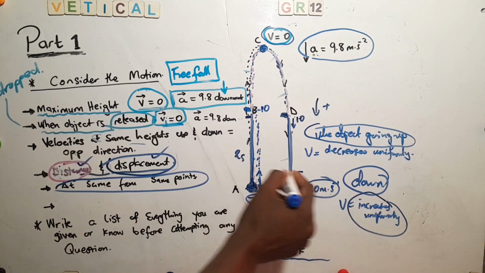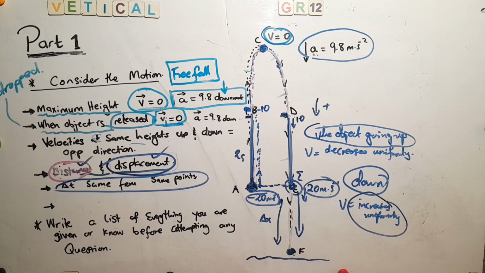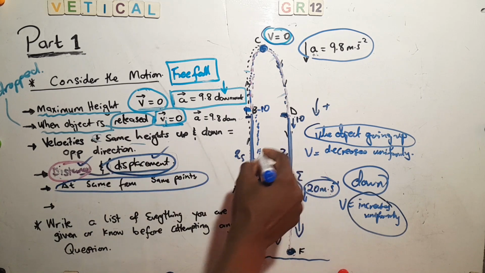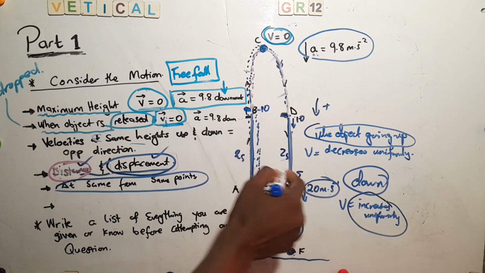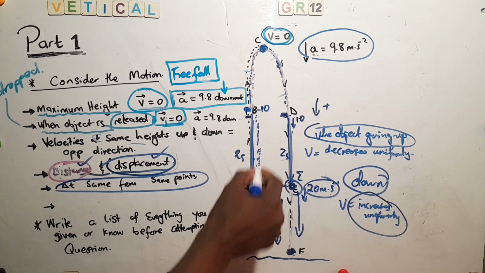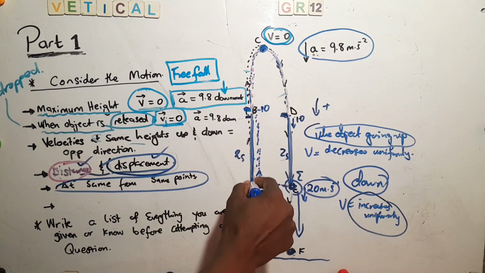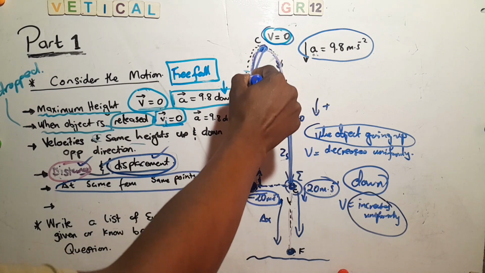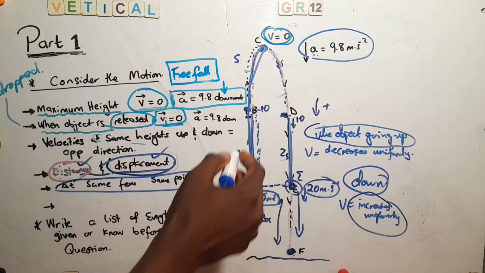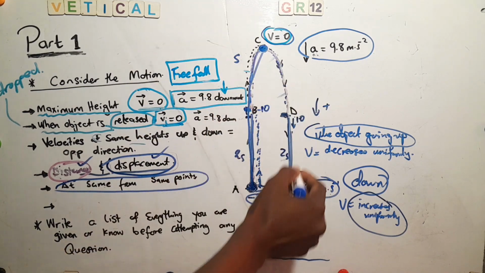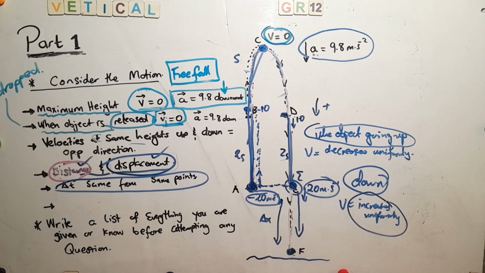So the time will always be equal at those distances from here to here and from here to there. So if it takes 5 seconds to get from A to C, it means that it will also take 5 seconds to move from C to E, like that.